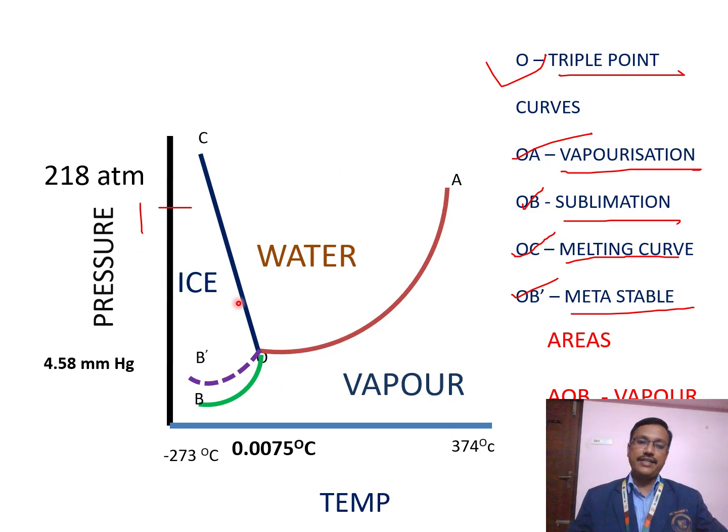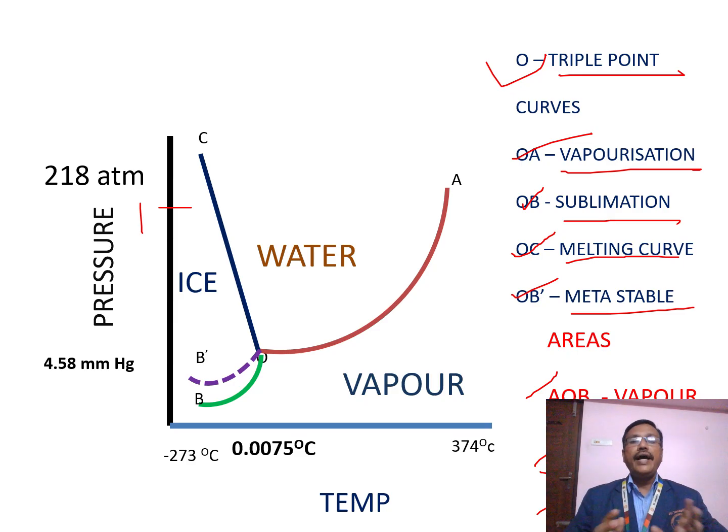So three areas are there, such that we are having 4 curves, then three areas. Area AOB we have seen, AOC we have seen, COB we have seen. So this is how we are going to draw the phase diagram.